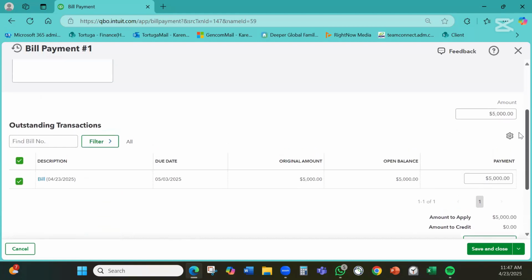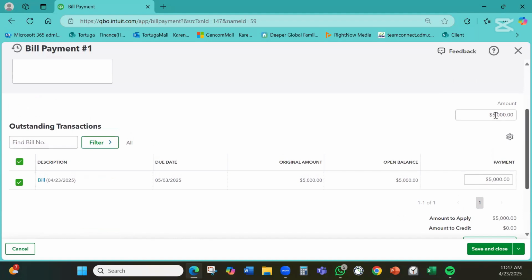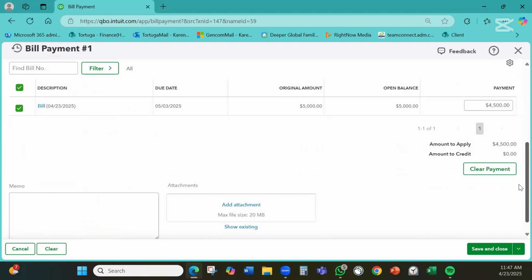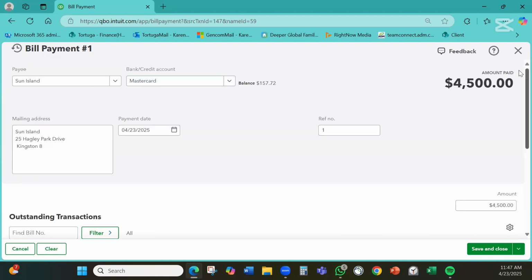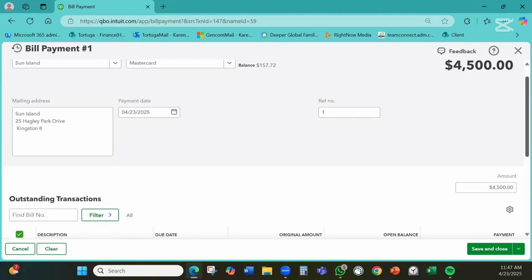You either paid all of it or half of it or whatever, so you change the amount where you have payment. So I'm paying 4,500. Notice it changes up here. And that's it. Nothing else there.